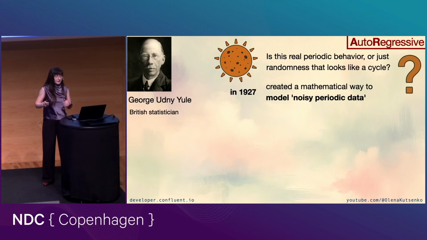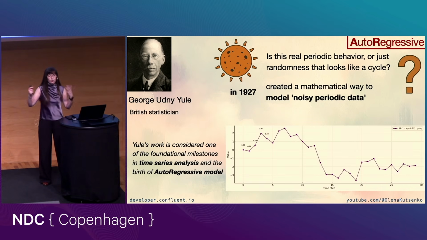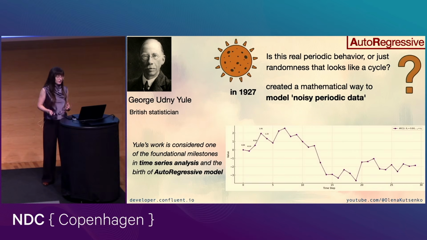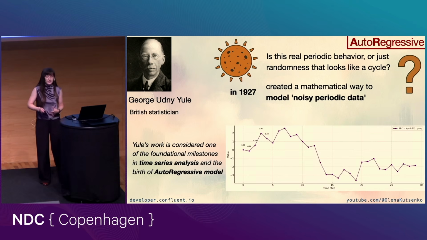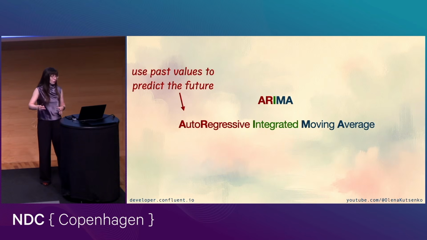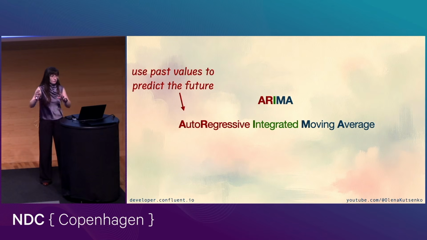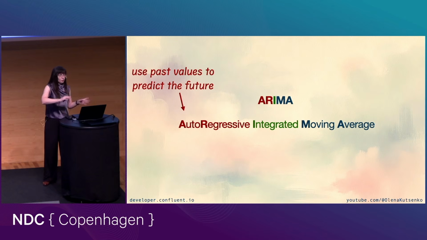He created a mathematical way to model this noisy periodic data, and his work is attributed to the autoregressive model, which helps us show through mathematics that we can use past values to predict the future. So we can use the data to predict the future to some extent.